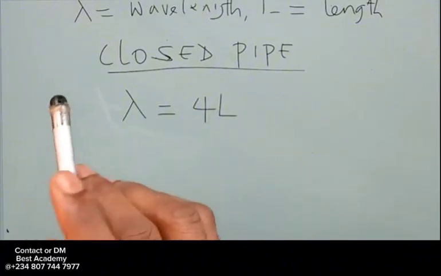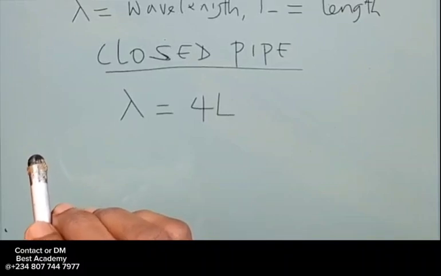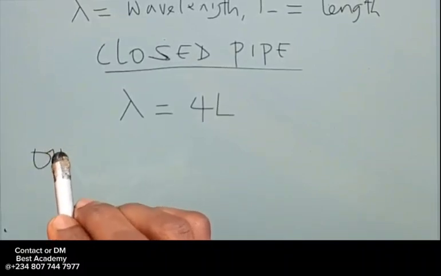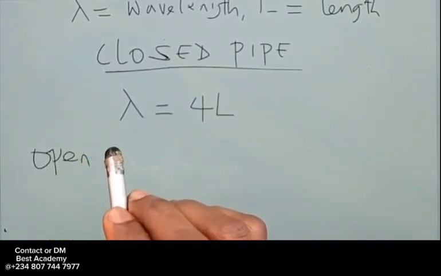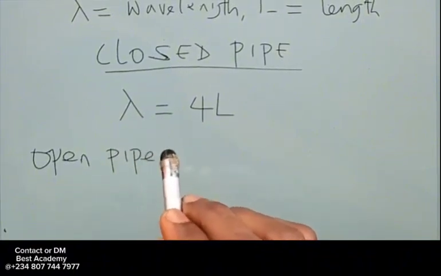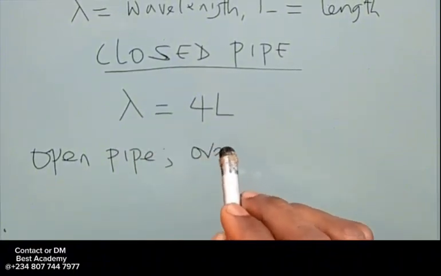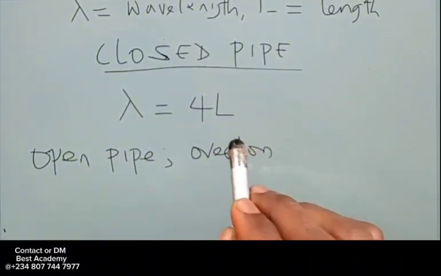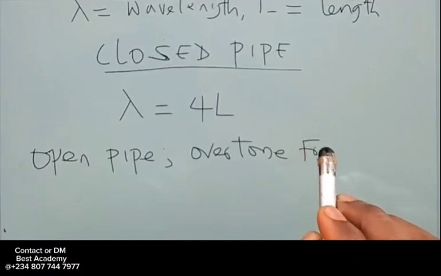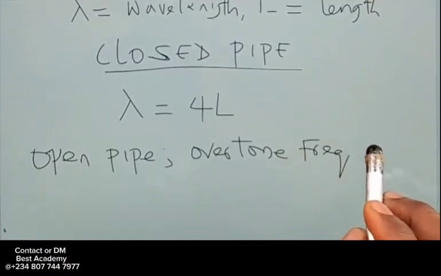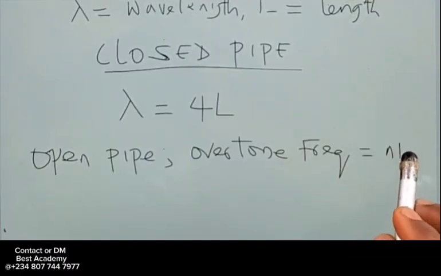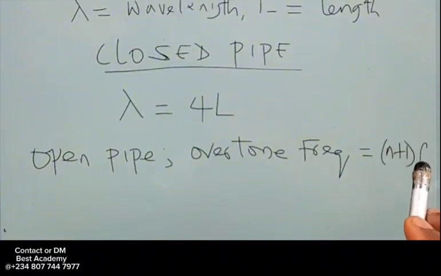Now for an open pipe, the overtone frequency is said to be (n plus 1) times f naught.